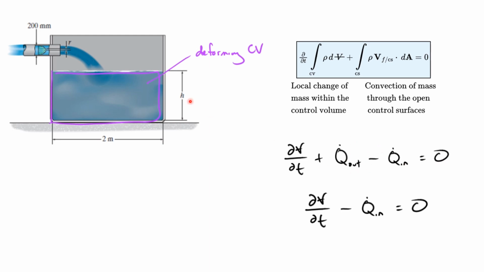In this case, we only have water coming into the control volume. We have no water exiting via another pipe or anything, so this term is 0. So finally, we have this equation to solve: the change in volume with respect to time minus Q dot in equals 0.